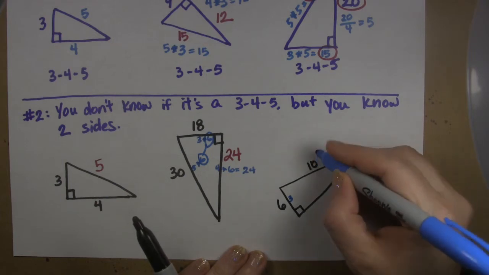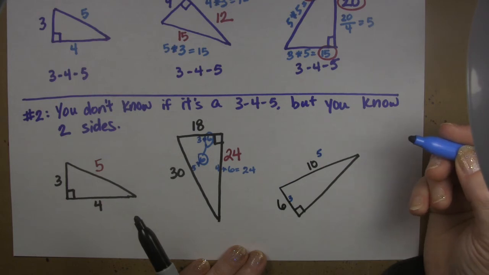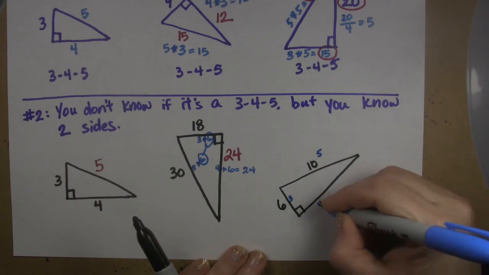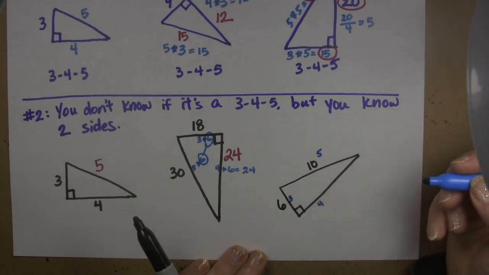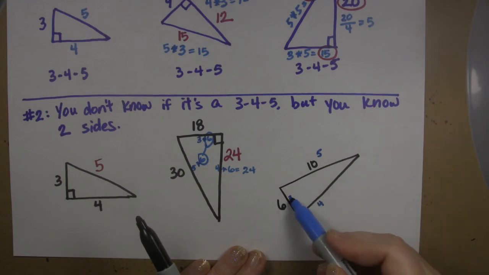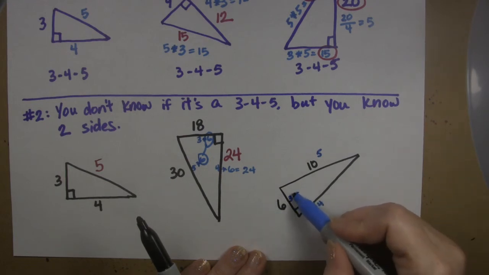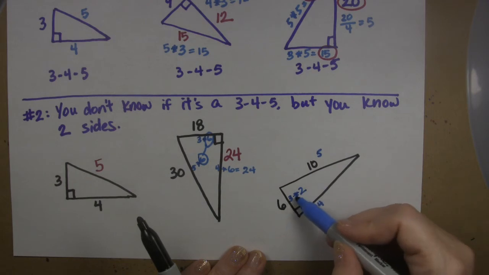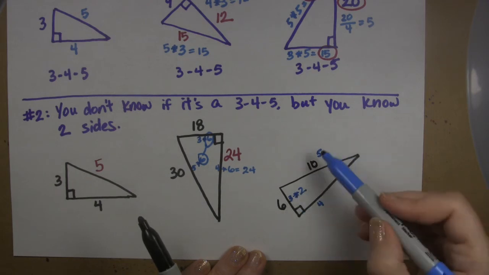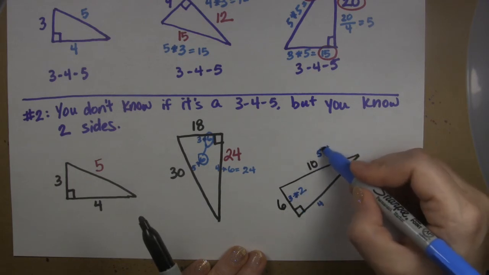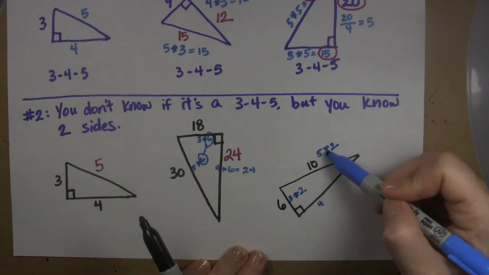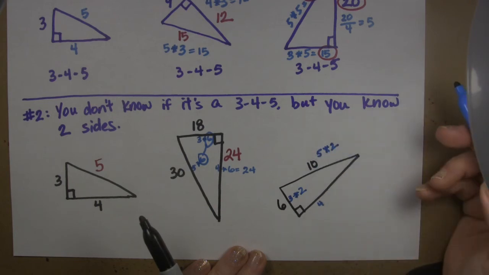And this side over here is my hypotenuse, so it would have some sort of measurement like 5. This side right here would be my 4 measurement, right? Okay, well, how do I go from 3 to 6? I multiply by 2, right? Because 3 times 2 is 6. How do I get from 5 to 10? I multiply by 2. 5 times 2 is 10.